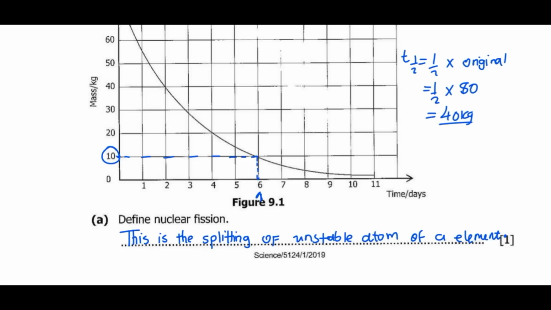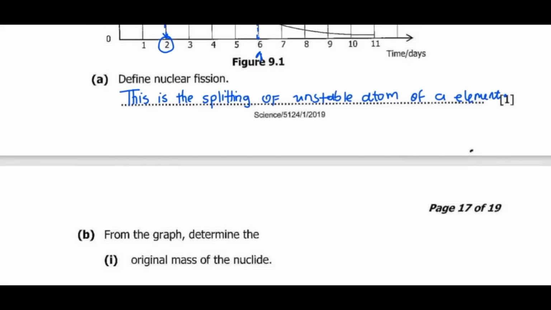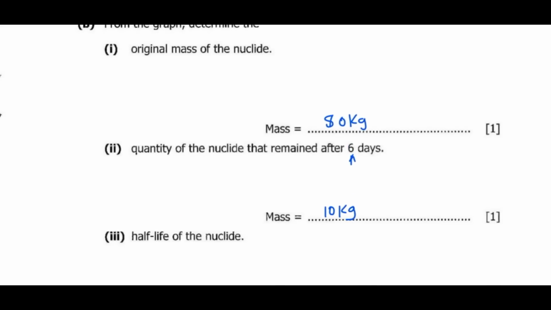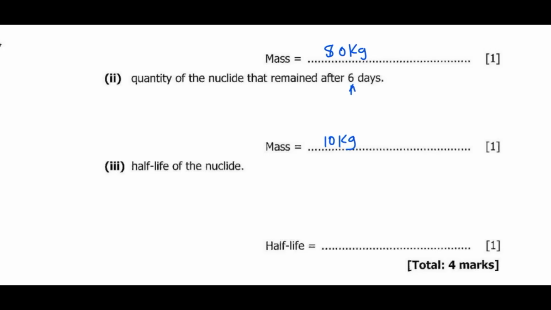We go to the y-axis and look at where this 40 is. Then you draw a parallel line to the x-axis. After touching the curve, you move down toward the x-axis. You can see that this falls at 2. So after 2 days, half of that substance had decayed. So the half-life is 2 days.